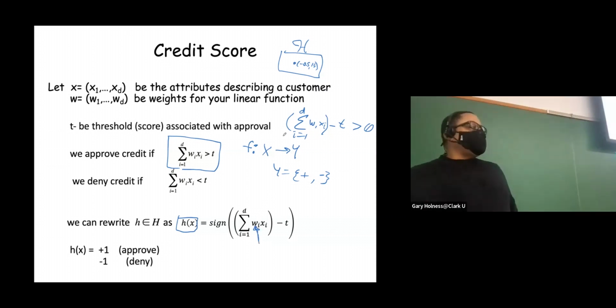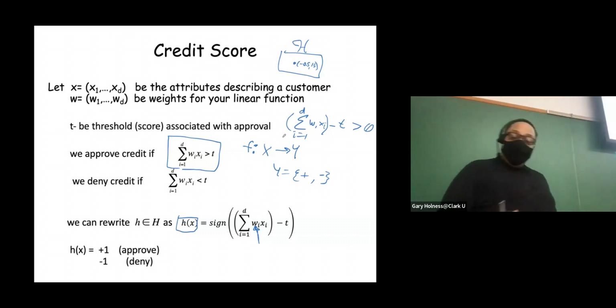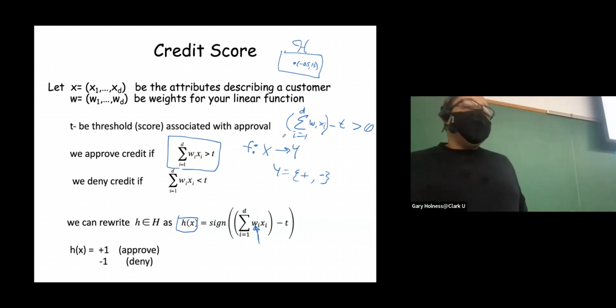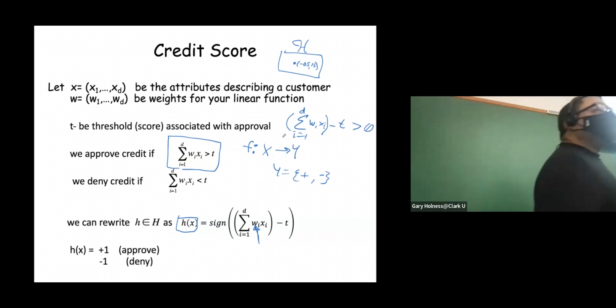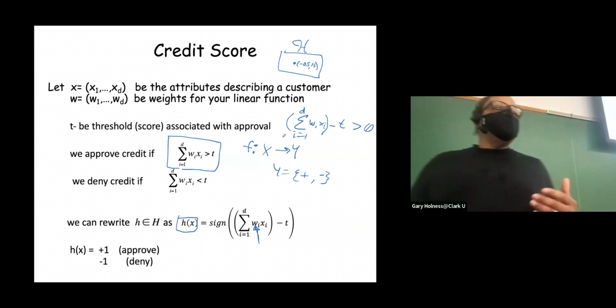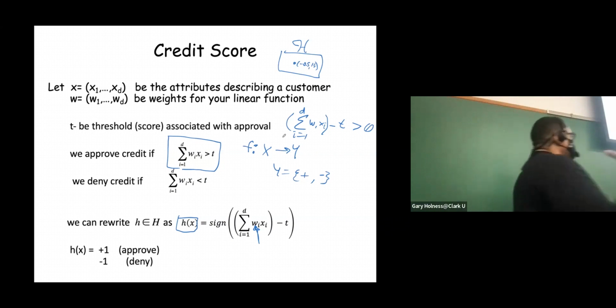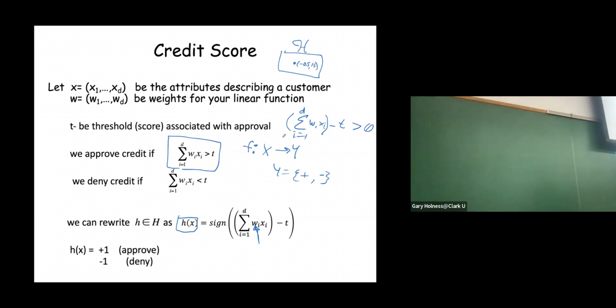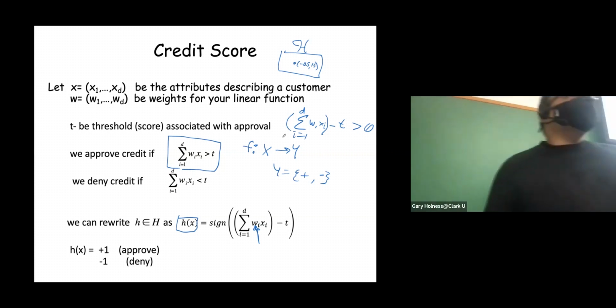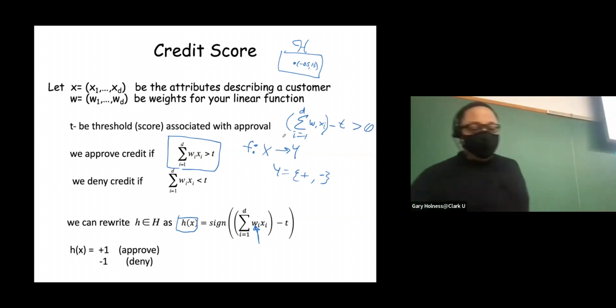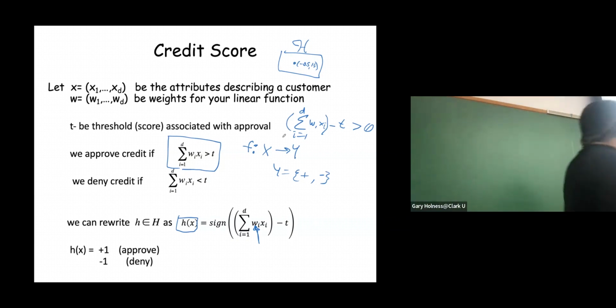And those weights for a line on the plane correspond to a choice of slope and y-intercept. Does that make sense? Any questions? Okay. And so D, our dimension, is 2 if it's a line on the plane. If the dimension is 3, it's a plane in R3, in 3-dimensional space, or it's a hyperplane in arbitrary D dimensions. So we're generalizing what our linear model is. Okay. So now we have a functional form.